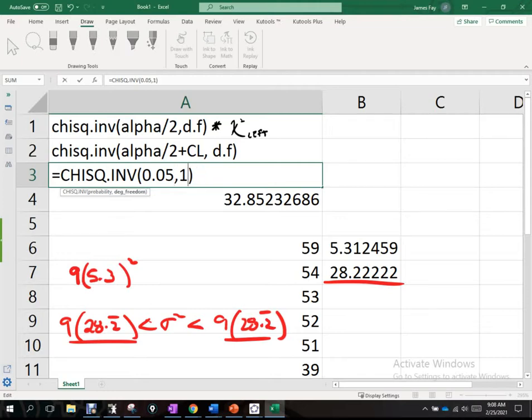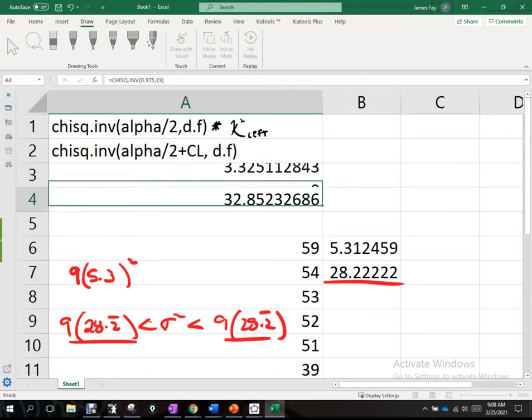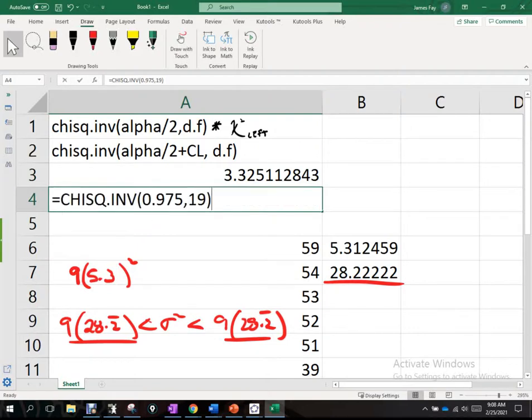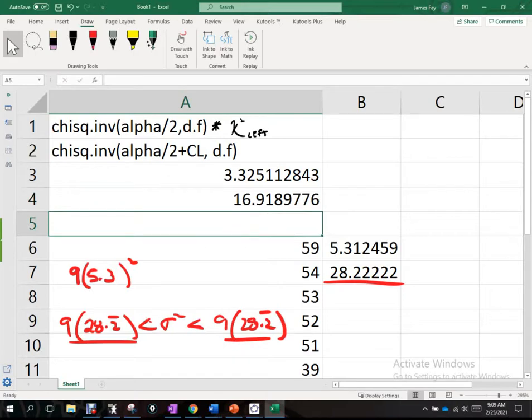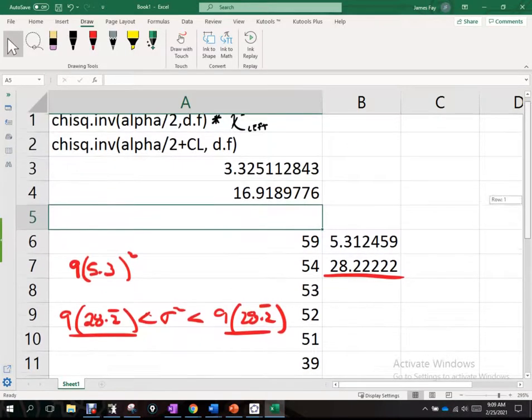Degrees of freedom is 9. The right chi-squared value, now this number needs to be alpha over 2 plus the confidence level. So alpha over 2 we said was 0.05. Confidence level is 90, so we're going 0.95. Degrees of freedom was 9. Hit enter. And those then become your denominators here.